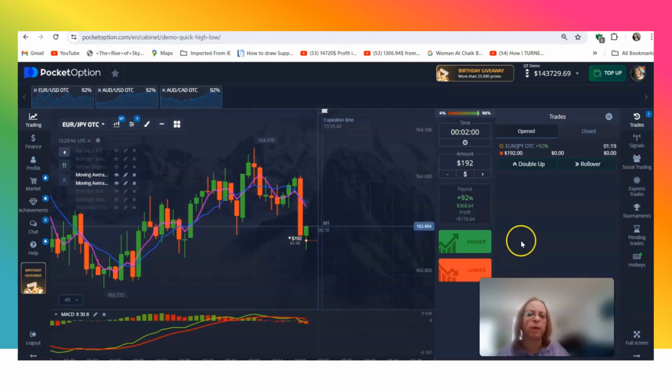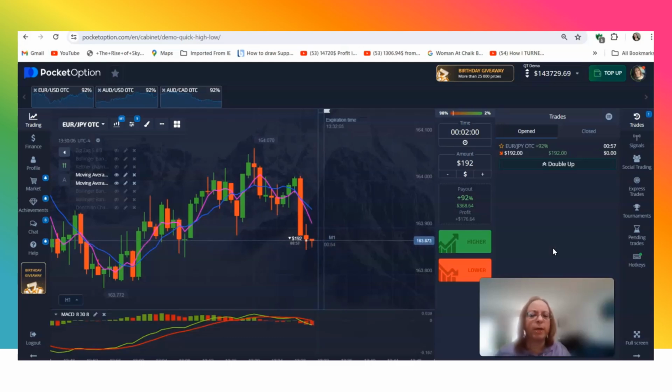So that's why when I did this trade, I started at $192 instead of starting with just $100 or something like that. And that compounds your capital, and it helps you to build your capital a little quicker when you compound your trades after you win them.